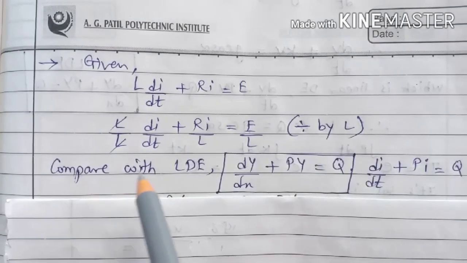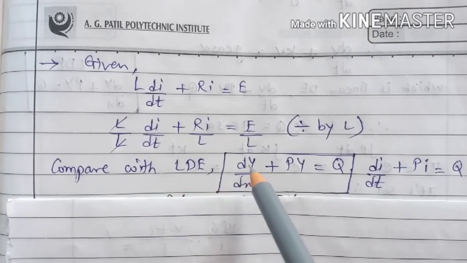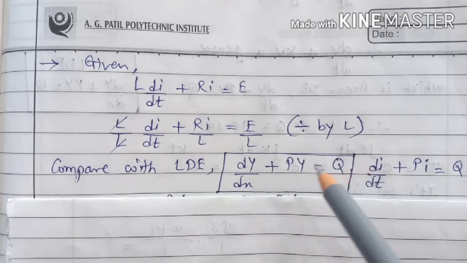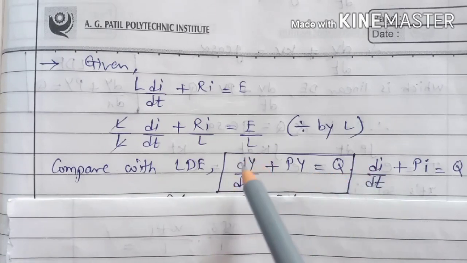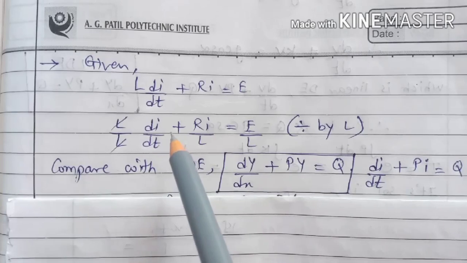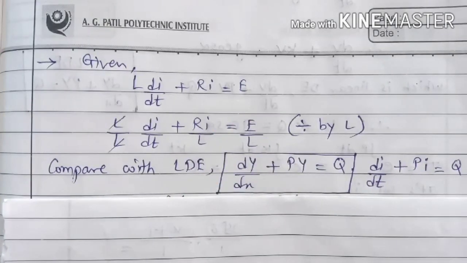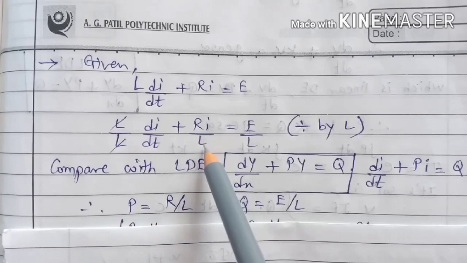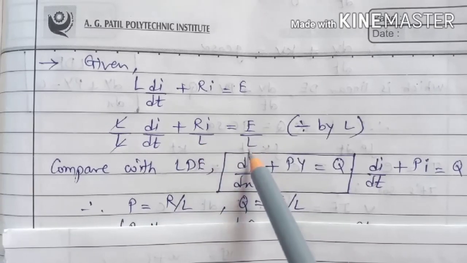Now we compare this equation with the linear differential equation dy by dx plus py equal to q. Here instead of dy by dx, in this question it is given di by dt. After comparing, P equal to R by L and Q equal to E by L.